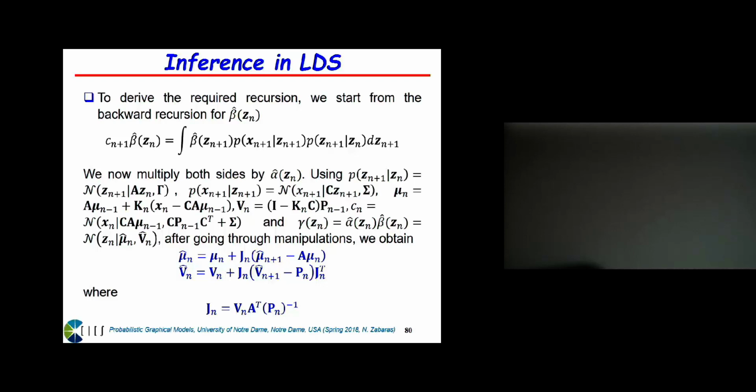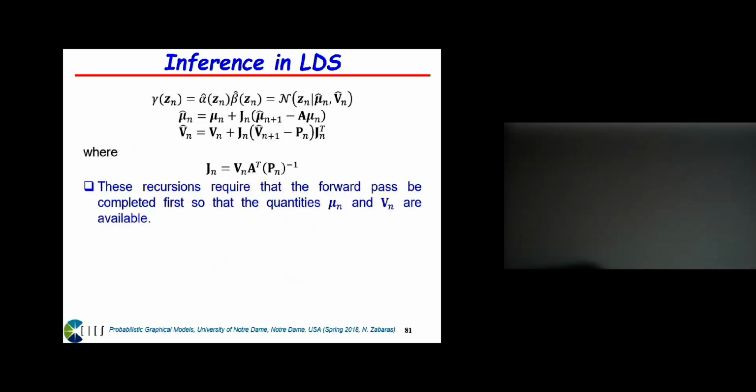Okay? So a very nice equation, and I think these are the equations for the Kalman smoothing algorithm. If you see in the notes, you will immediately recognize what equations you need to show coming out of this for smoothing.